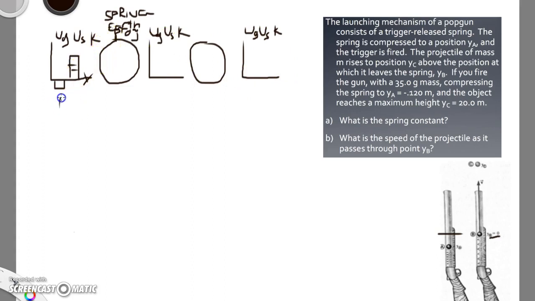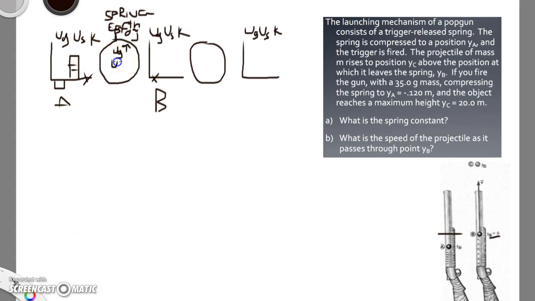So from position A to position B, you can see that the spring is released and the ball is moved upward, and it's moved upward to position 0, so no longer do we have gravitational potential energy. It's equal to 0, but it actually has increased because we're moving upward. We went from negative to 0, which is an increase.